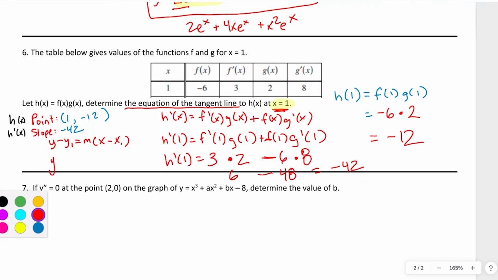Now we're ready to write our equation. Y plus 12 equals negative 42 times x minus 1. And that is, finally, we got our equation there.